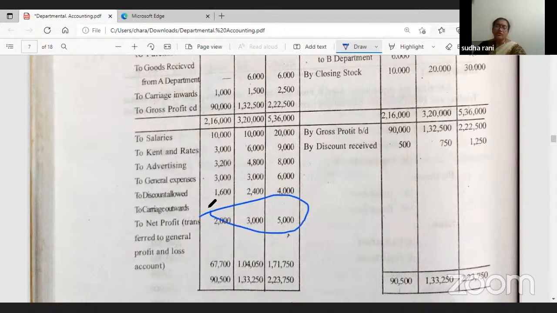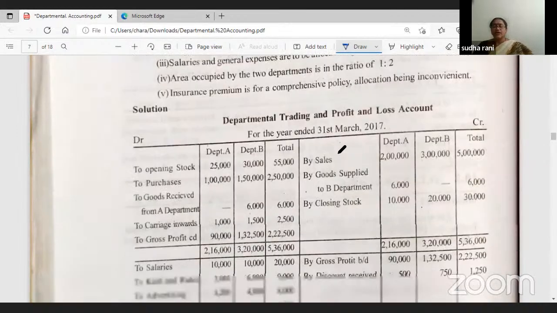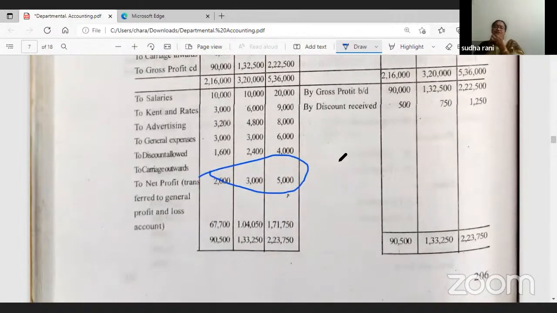I hope I need not explain again in detail how to credit the difference, right? Same as in the trading account I showed you. The debit total of department A is 90,500 and the credit total is 90,500.